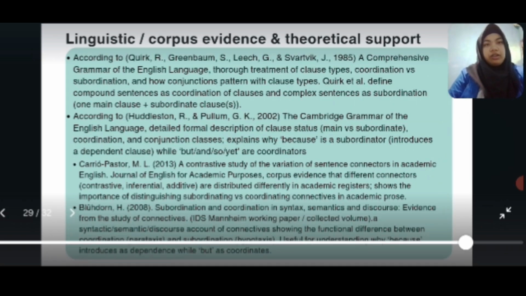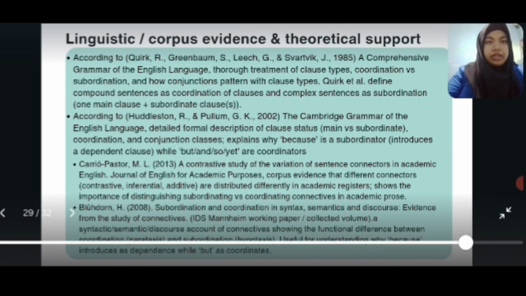And then we move on to linguistic or corpus evidence, the theoretical support. According to Quirk, R., Greenbaum, S., Leech, G. and Svartvik, J. 1985, A Comprehensive Grammar of the English Language offers thorough treatment of clause types, coordination versus subordination, and how conjunctions pattern with clause types.